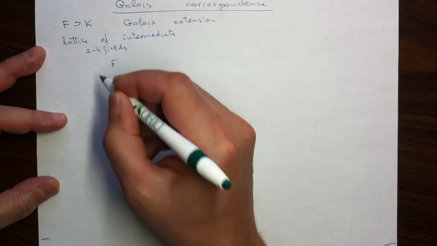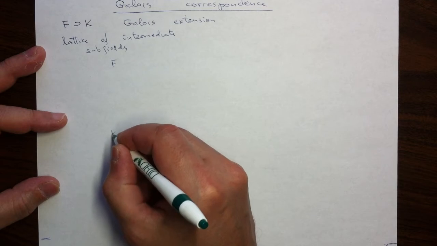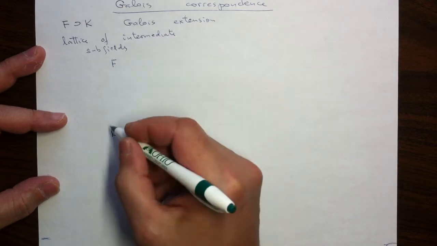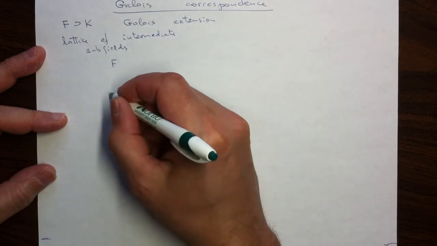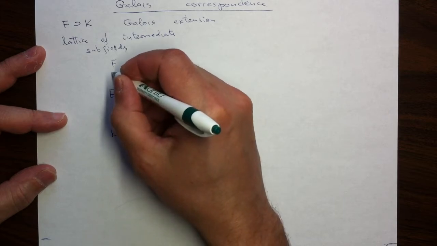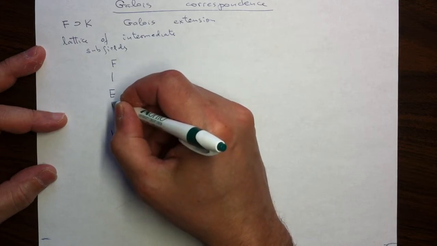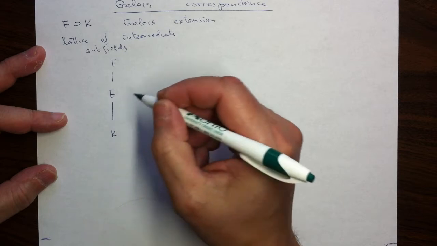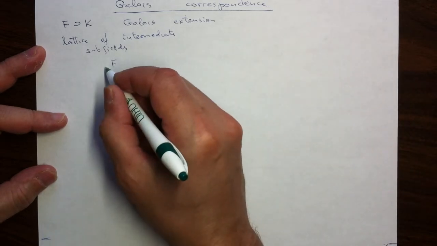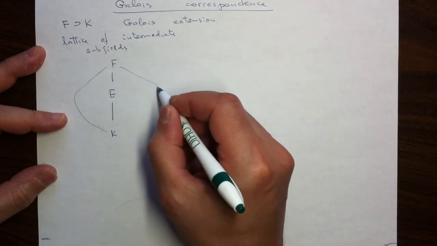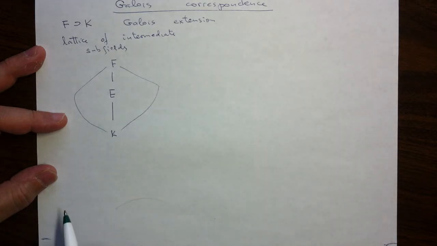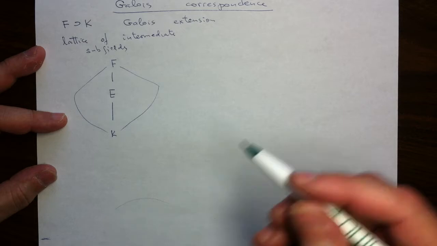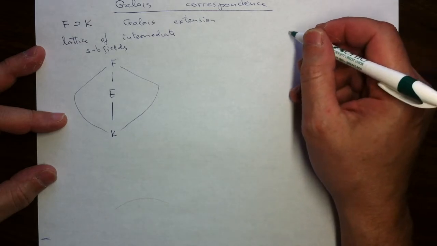Well, what we have is a certain picture, so we have the field F above, the field K below everything, so everything in between, all fields which contain K and are contained in F are to be listed in this lattice. And for current purposes there will be just this collection of all subfields in F which contain K. So that is one side of the Galois correspondence.